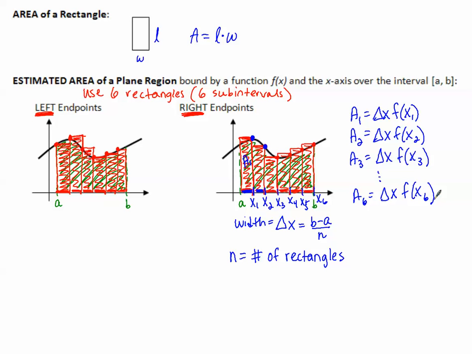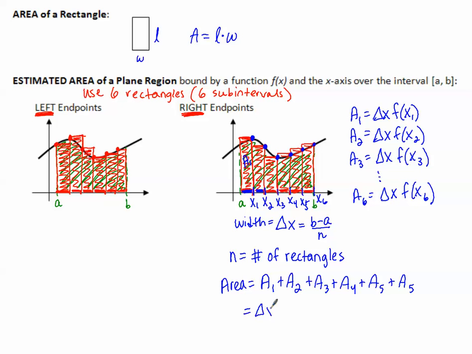We want, however, all of those, so these are the right endpoints that we plugged in, we want all of those together. So ultimately we're going to say the area that we want to find is each of the little areas added together. And what's the fastest way to do that? Well, all of them have delta x, so why have to multiply by delta x each individual time?